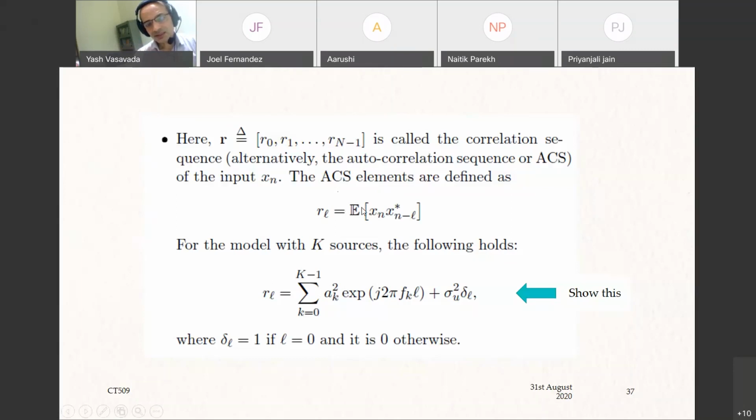I cannot take expectation because that is a mathematical operation which requires PDFs and so on. How can I still compute this R of L? Replace this expectation by an average. Yes, we can take the average rather than taking the expectation.